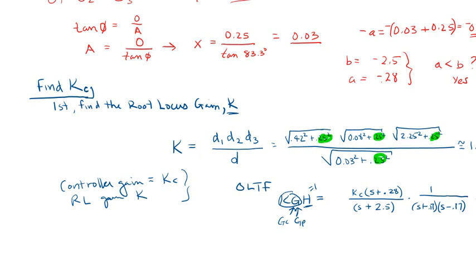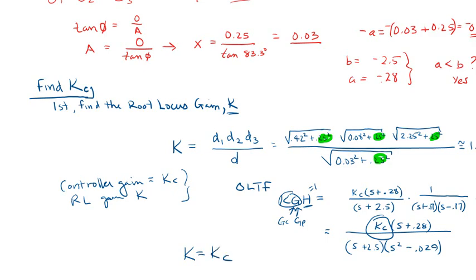So when we look at this, we can see that the overall transfer function is Kc S plus 0.28 over S plus 2.5, and then I'll just put this as S squared minus 0.029. Okay, so we see here that the root locus gain is actually equal to the controller gain. So in this case only, it's not always the case, that's true.